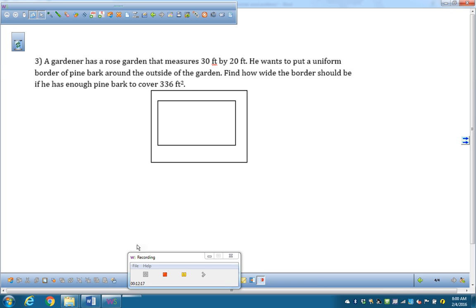You have a garden within a garden. This dimension is 30 by 20, and this dimension on all sides is x, from here to here, and from here to here is x. I know it looks different, but I tried as well as I could.